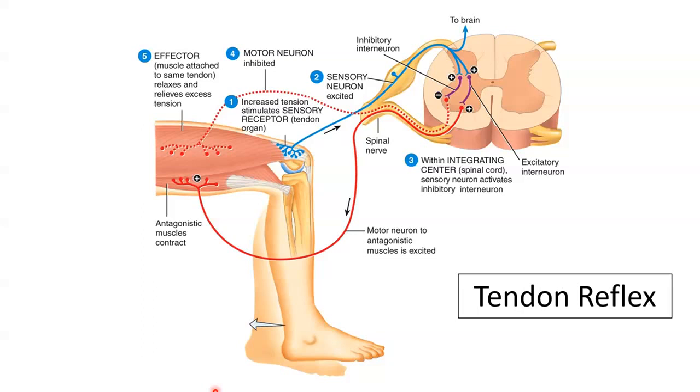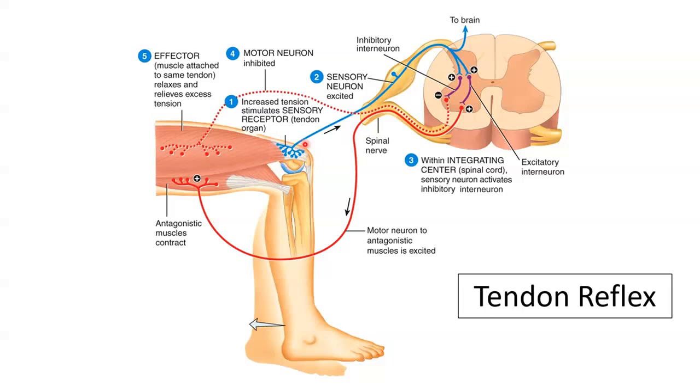And remember, these receptors detect and respond to changes in muscle tension. So we've got our Golgi tendon organ here, sitting in the tendon that attaches our quadricep muscles to the patella. And let's say we're doing a really strong leg extension, so we're contracting this muscle really hard. It's causing a change in tension in the tendon, and this is detected by our Golgi tendon organ.